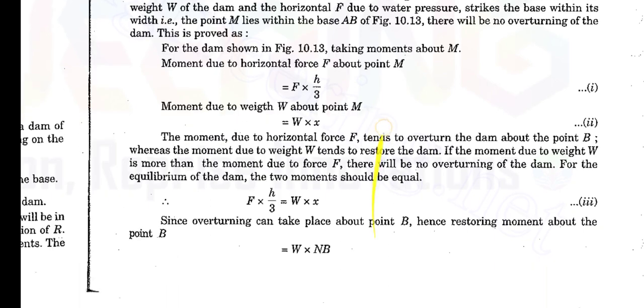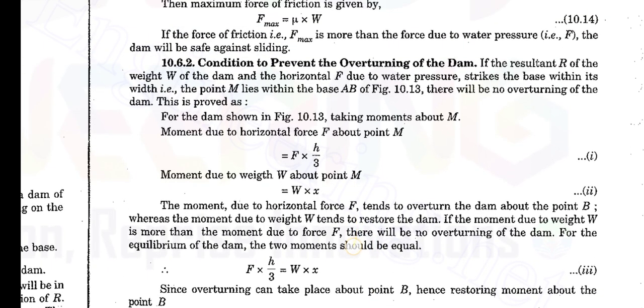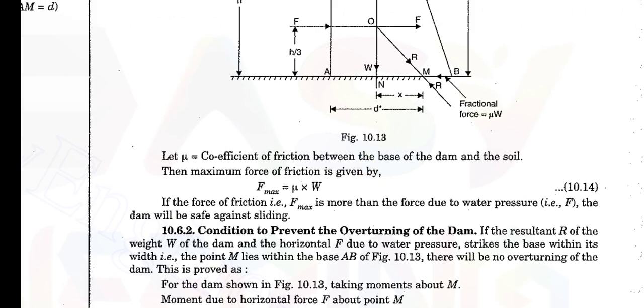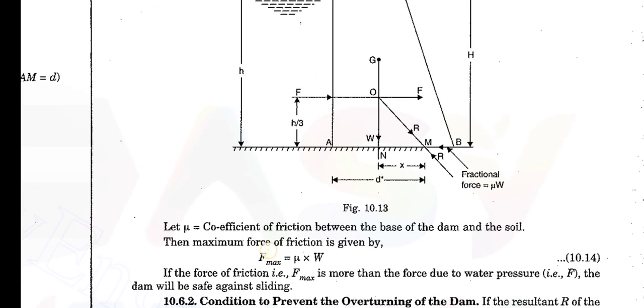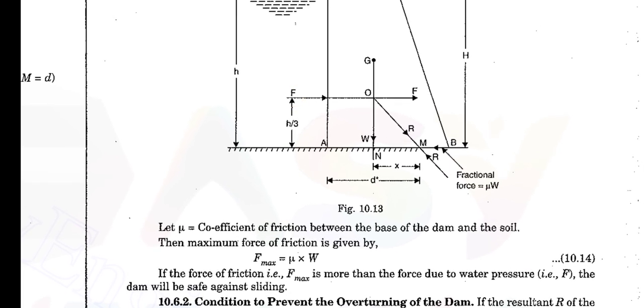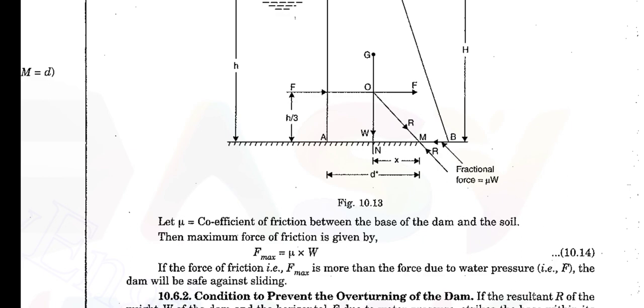So the condition applied is that this force, F max, must be equal to or greater than the horizontal force F, so that it is safe.